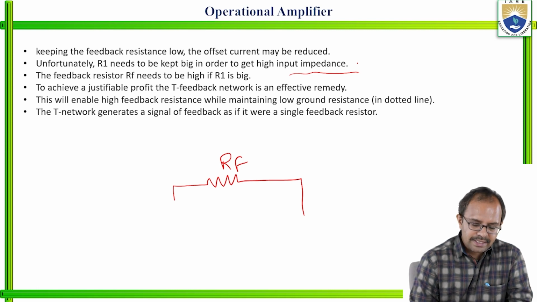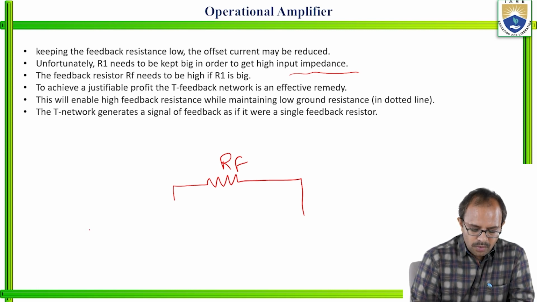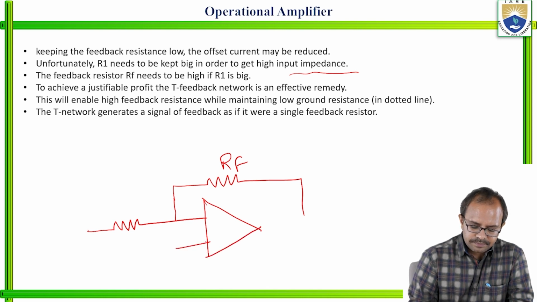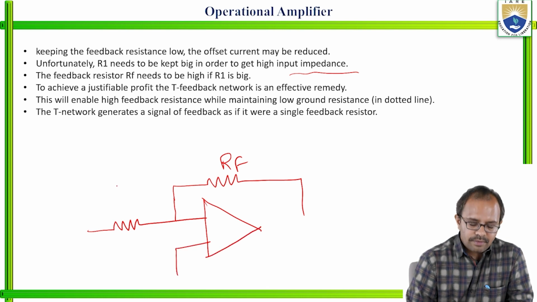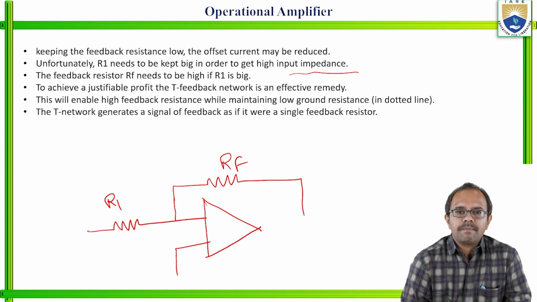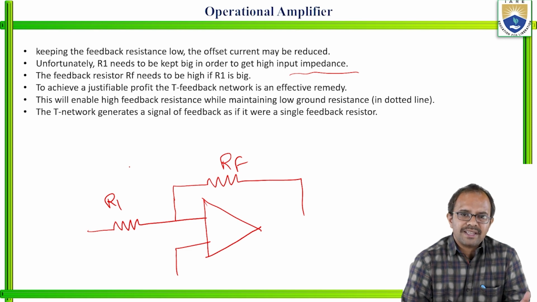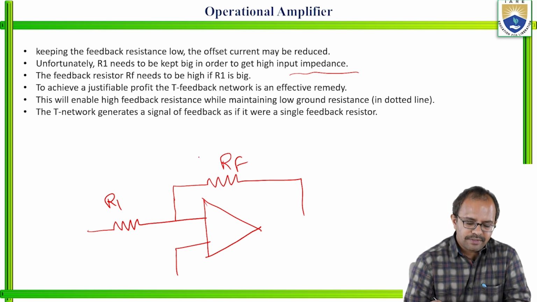So in the op-amp circuit, we have both R1 as well as RF, where R1 is responsible for maintaining the large value of the input impedance. If you make R1 small, the consequence is you are going to see the effect in your input impedance, right?